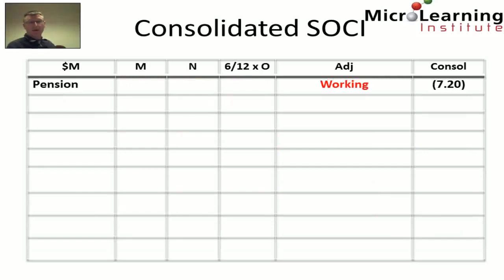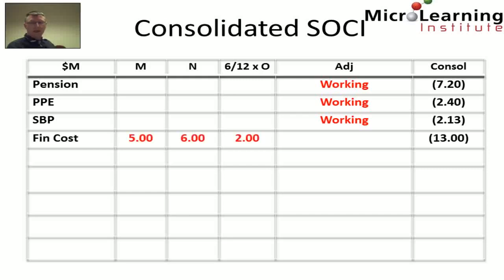Next up, and again we've done a working to show an income statement expense in relation to the pension of $7.2 million, and the impairment to P&L in relation to property, plant and equipment of $2.4 million, the share-based payment in relation to the options of $2.13 million. Finance costs consolidates at $13 million.